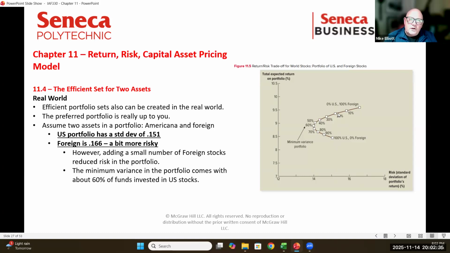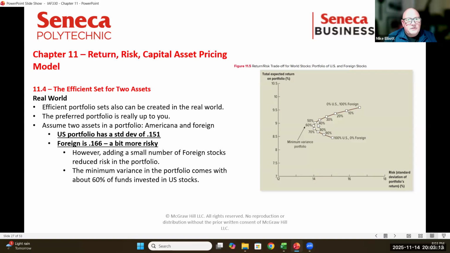So we create a portfolio of 10%, 20%, 30% US equities, and we find that the minimum variance in the portfolio is about where we have 60% of the funds invested in US stocks and 40% of the funds invested in foreign stocks. That's going to give us a standard deviation somewhere around 14%, 1 full percentage point lower than 100% American, and 2.5% lower than 100% foreign.